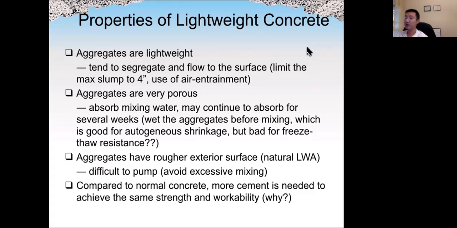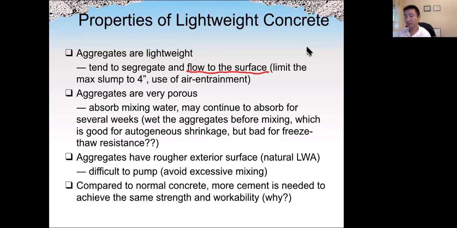So when segregation happens, the aggregate settles to the bottom. But lightweight aggregate has a lower density than the cement paste, so when there's segregation, it will float to the top surface. This is the big difference between lightweight concrete and normal concrete.